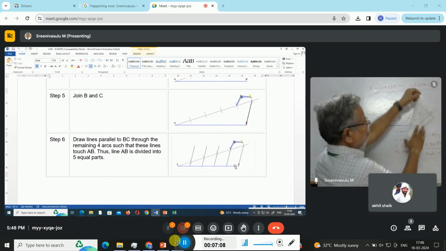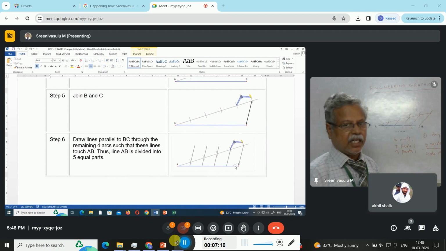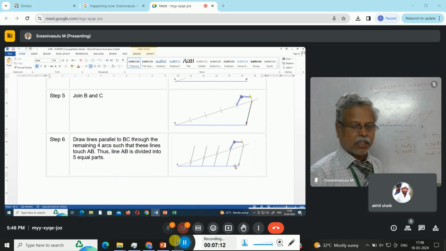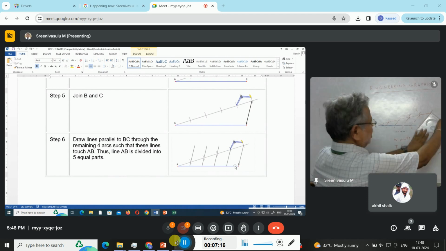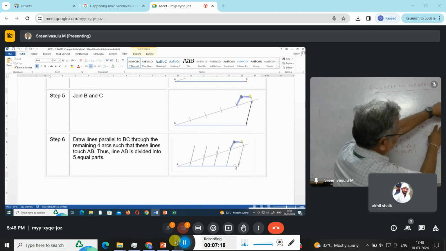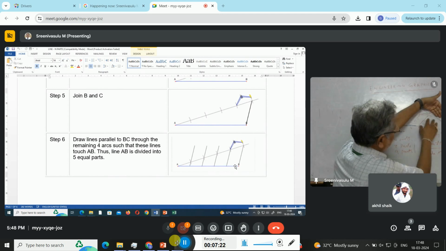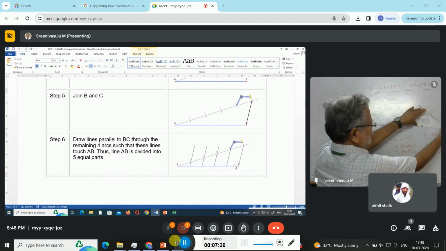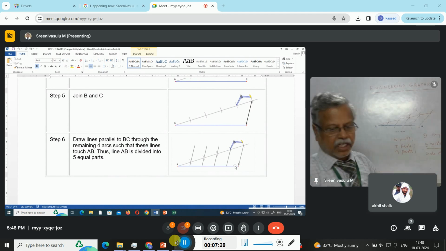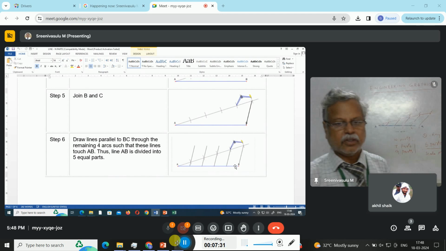So in order to draw parallel lines on paper, you have to have both set squares. One is this; when you keep it like this, the other set square you keep tied to this, so that with reference to that you go on moving in order to draw the parallel lines. This is what we normally do with the help of set squares.